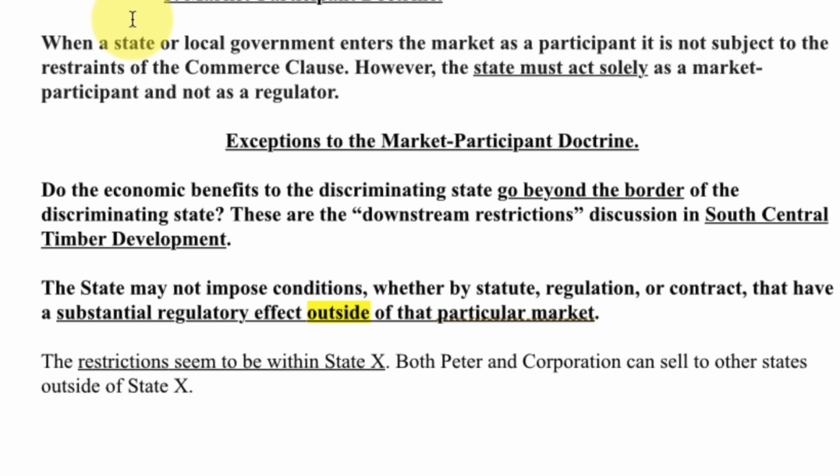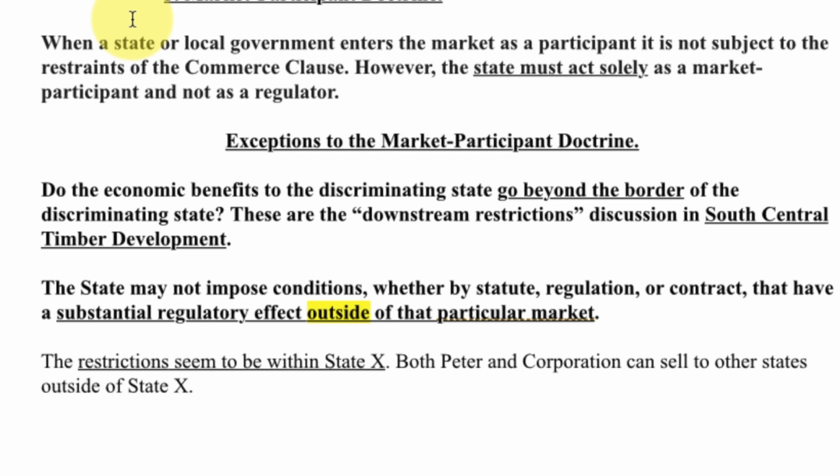That's what they mean by the downstream restrictions. But here it seems like the regulations did not create a benefit outside of state X. Of course, you could have said that Peter and the corporation could have sold their products to other states outside of state X. So just some facts you could have played with. And I'm not saying you should have used these facts or this particular element to discuss. All I am saying is, discuss the facts.